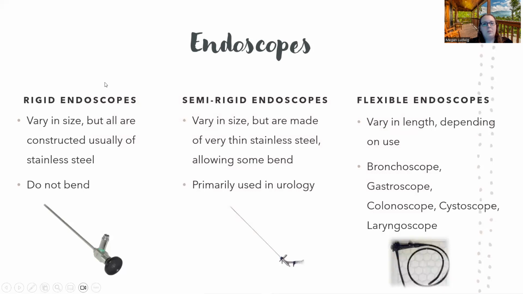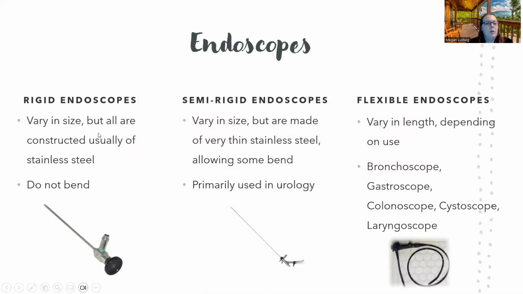A couple different categories of endoscopes. We have rigid, semi-rigid, and flexible. So a rigid scope, I mean, it is what it is, it doesn't bend. That's a good picture right here. This is a cystoscope, I believe. Could be a laparoscope.